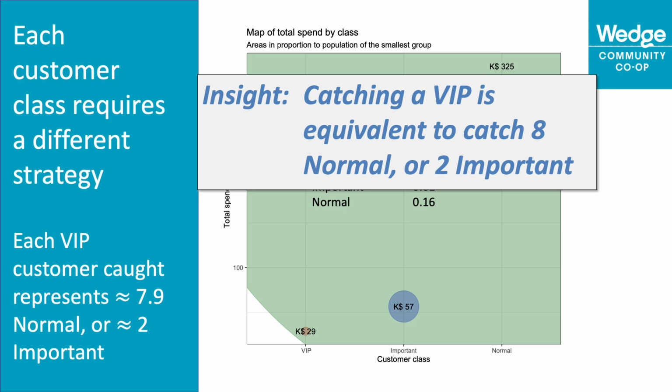That means that catching a VIP customer represents almost 8 times the revenue of catching a normal one. In the same vein, catching a VIP customer represents almost twice the value of catching an important one. Those insights can be used to measure the effort applied for each strategy.